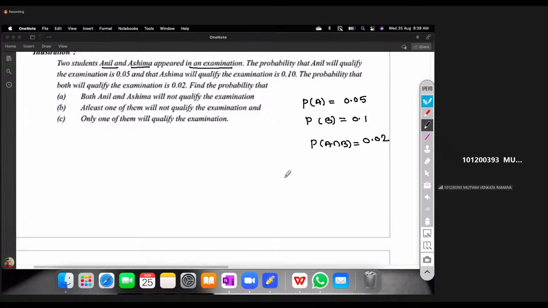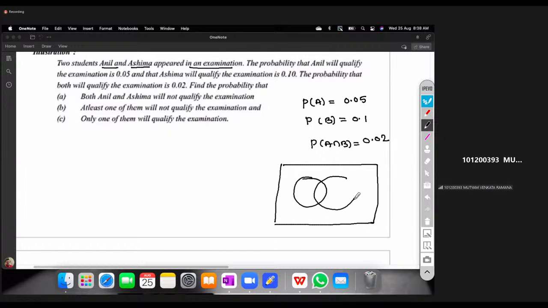So you take this one. Universal set is 1 only. This is A, this is B. The common part A intersection B is 0.02. So this is A: from 0.05, 0.02 is gone, so 0.03. And this is 0.08. So what is the total value?